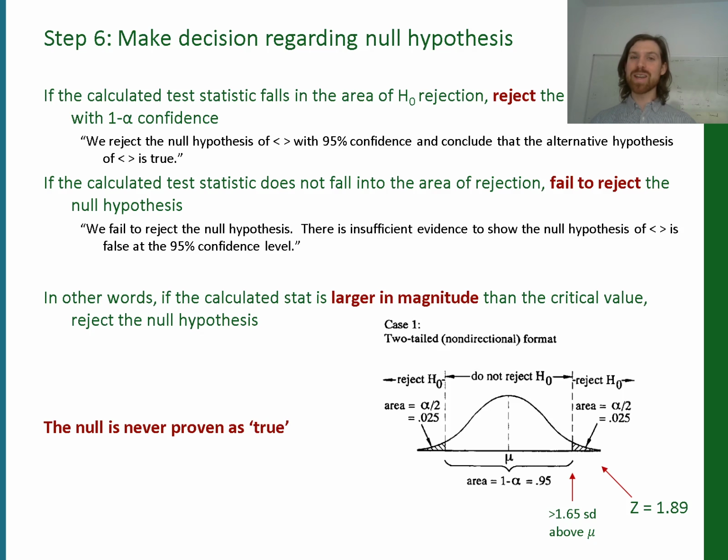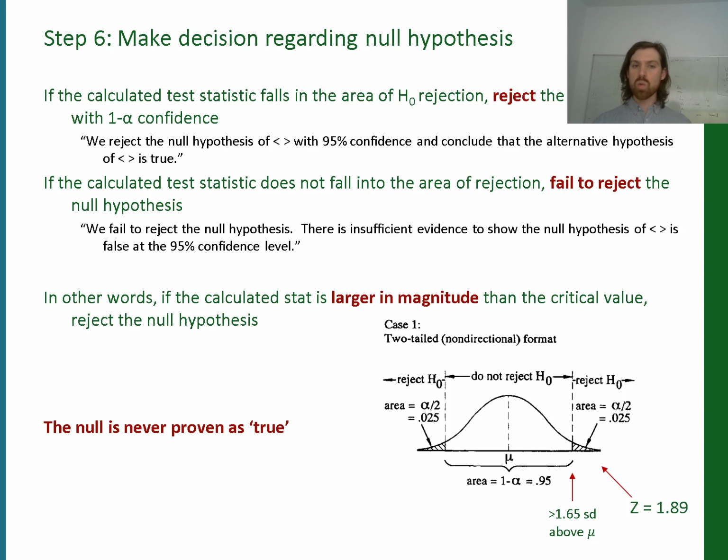Let's just go back to the H0 and the HA values that I used at the start of this, which is that we reject the null hypothesis of the house prices in Fairfax being the same as in Virginia state with 95% confidence. And therefore we conclude that the alternative hypothesis of house prices in Fairfax being larger or smaller than in Virginia state, so significantly different, is true, essentially.